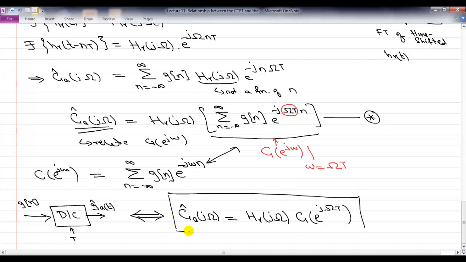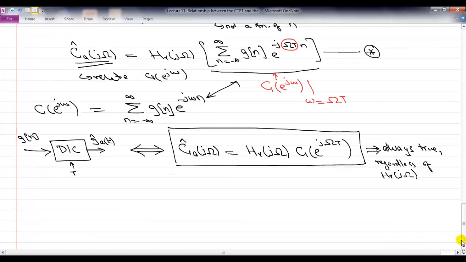This is what the relationship becomes. And this is always true, regardless of H_R(j omega). It doesn't matter whether H_R(j omega) is a sinc interpolation filter or not. This is always true.